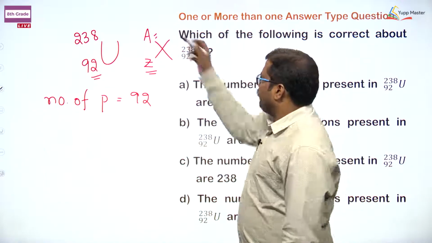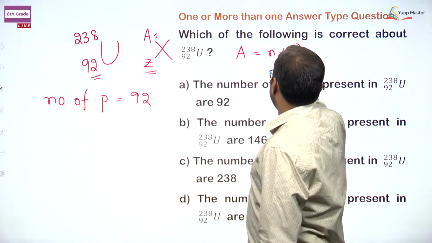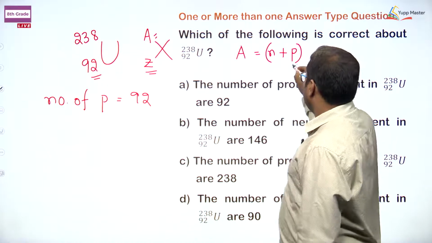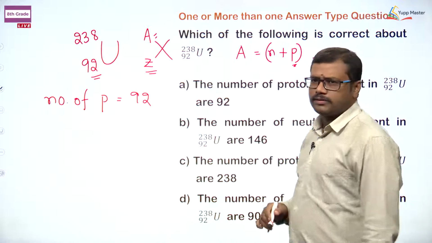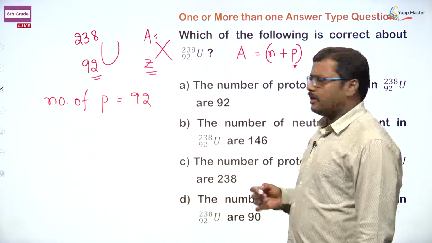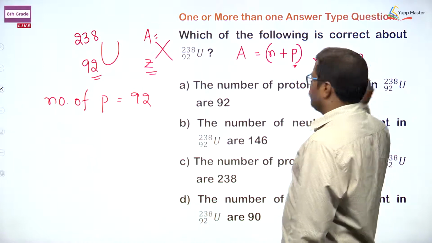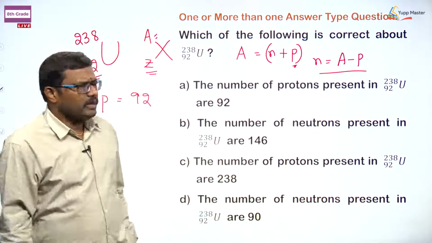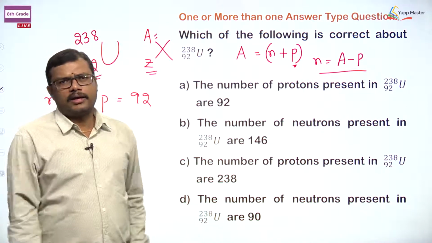Now, A, what is A? I just now told you that it is a sum of protons and neutrons. So, once we know the value of protons, can we calculate the number of neutrons? Yes, we can calculate the number of neutrons as neutrons equal to A minus P. So, by subtracting number of protons from the mass number, we can easily identify the number of neutrons.